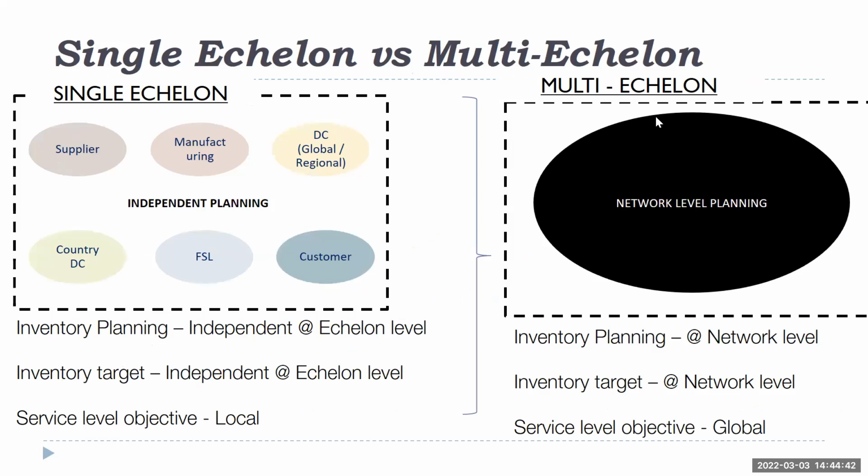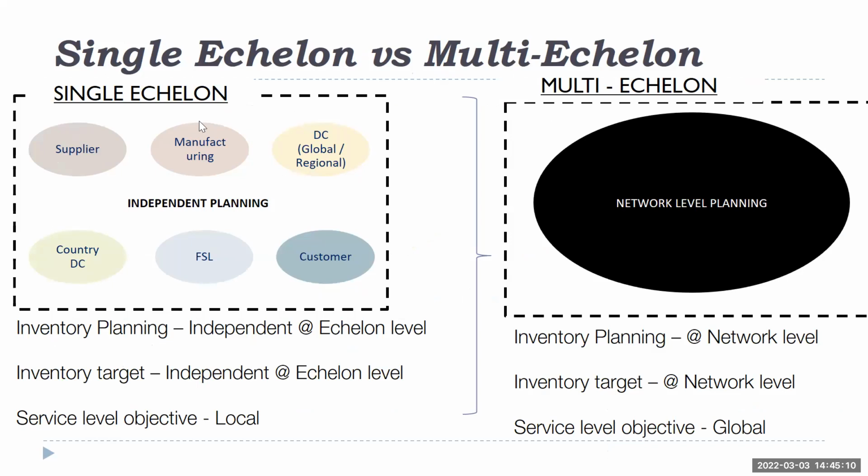But when I'm looking into the whole supply chain's best interest, can I maximize profit or reduce cost for the overall supply chain? Then that is a decision being taken at a network level, right? So that is where inventory planning, inventory targeting, and service objectives come in. Are you able to meet all customer demand at the right time, right product, right place? Every decision is taken at a global, coordinated or integrated level.